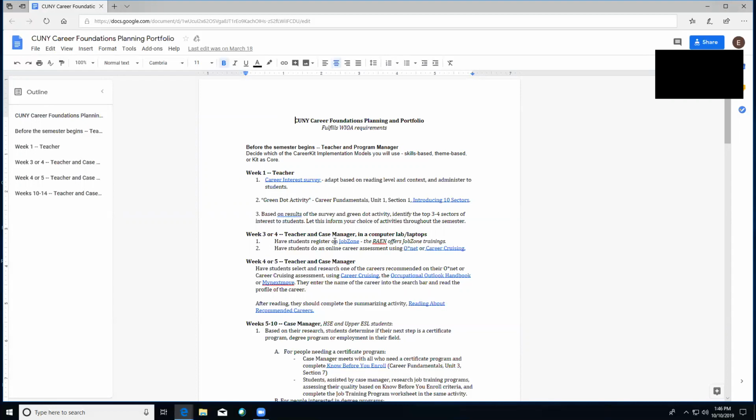Then you're going to do some job zone work. What I recommend is that Job Zone is a pretty difficult site. So it is a requirement to get students registered in Job Zone, so I recommend that you do that. But then when you do deeper career exploration, use some of the other career databases. One I like to use is My Next Move.